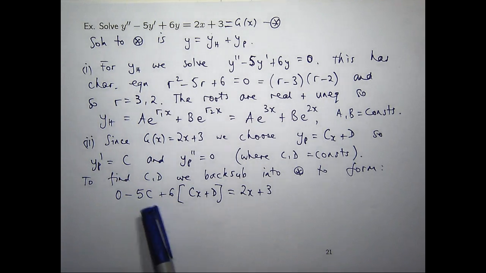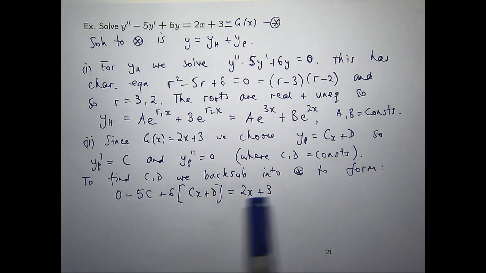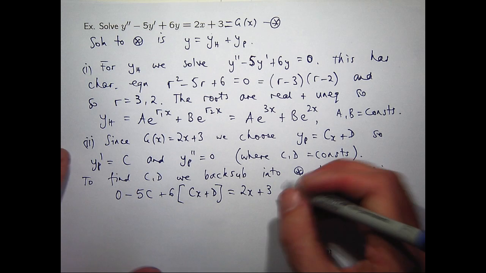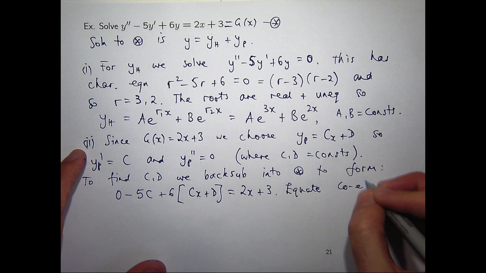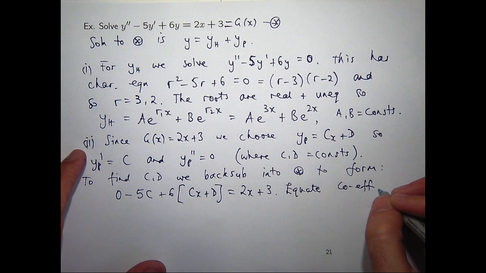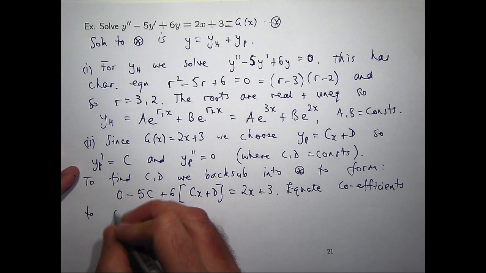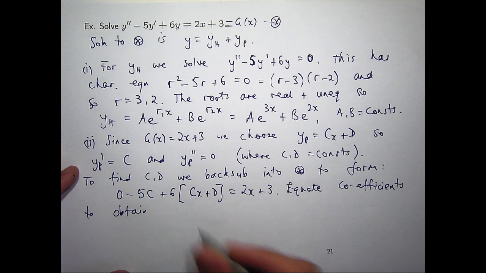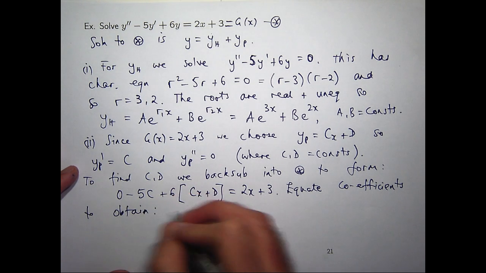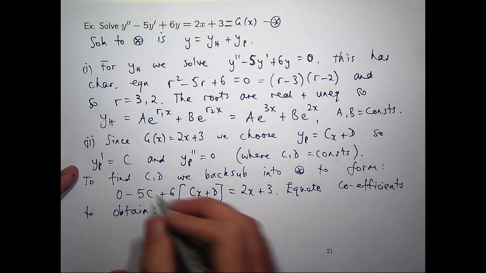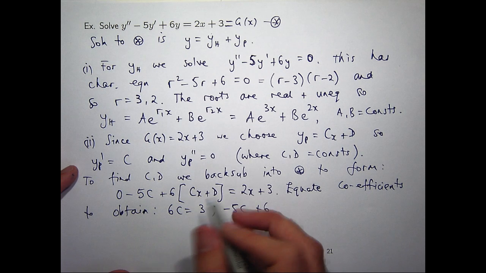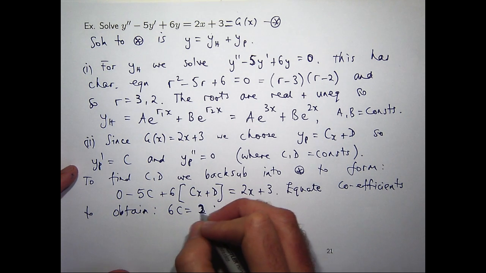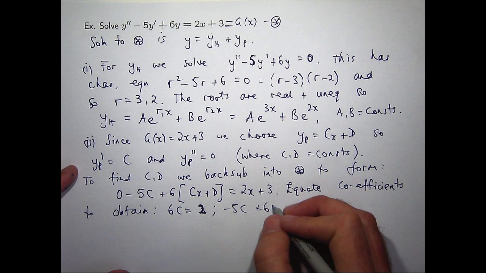And if we equate the constants, minus 5c plus 6d equals 3.